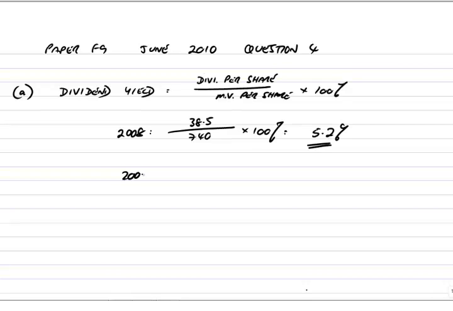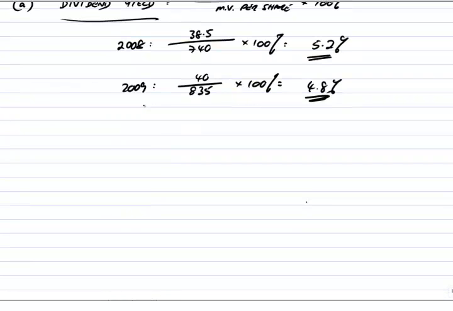And similarly in 2009, dividend 40 cents, opening market value 835 cents. Is what, 4.8%? Now we're not asked to comment at this stage, so let's just get the numbers out, but there's the dividend yields.